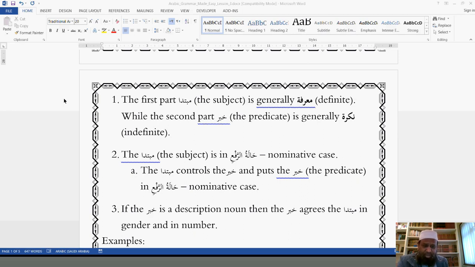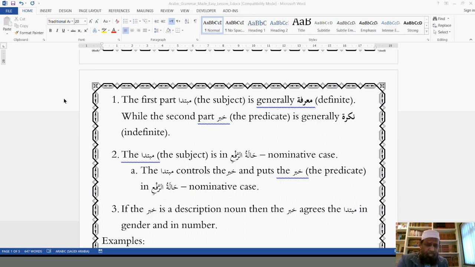The Mubtada controls the Khabar. Remember in the second lesson I did say the ism controls an ism. Fail also controls an ism. So over here the Mubtada governs, controls the Khabar and puts the Khabar in Halatul Rafa.